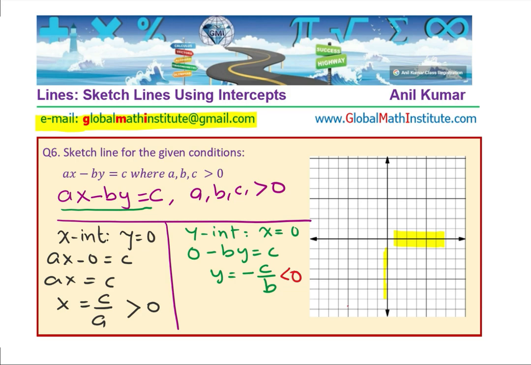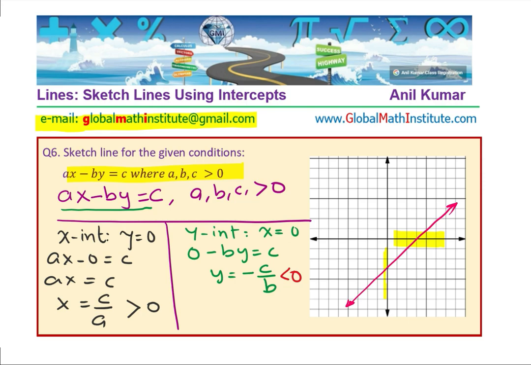So we could draw a line which goes through this quadrant. That could be a possible line which will meet these conditions. Perfect. So that is what we are trying to sketch from the given condition. I hope you have understood the concept, right?